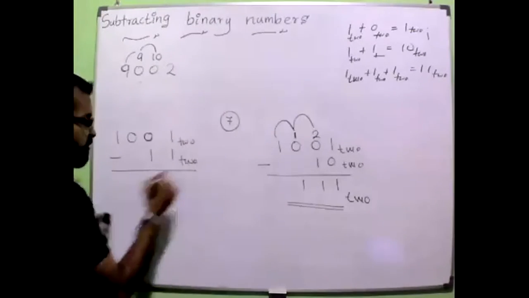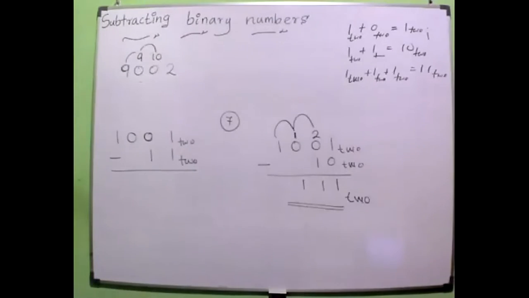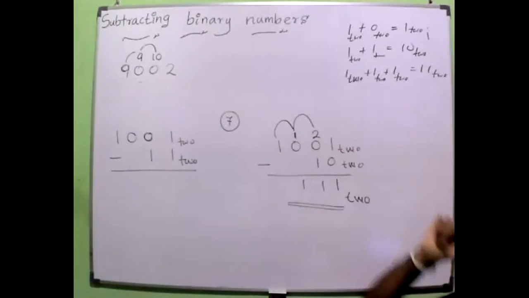Subtract. Do this. Same number I am giving you. Try to catch this pattern when you are taking this number to this side. If you catch that pattern, right, this subtracting thing is nothing.